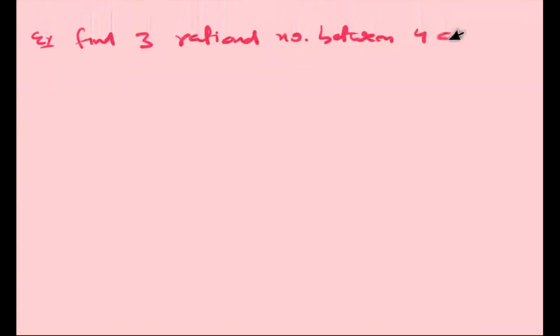Let us take an example: find 3 rational numbers between 4 and 5. Solution: d equals (b minus a) upon (n plus 1).